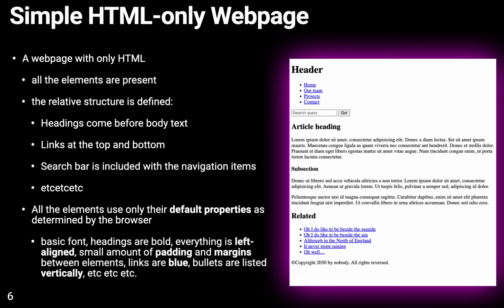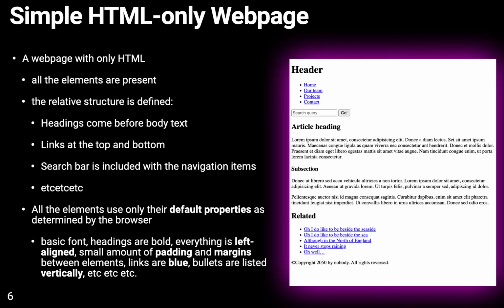So the browser will make decisions for you about what the HTML should be presenting. So it's a basic font, and headings are bold. Everything else is left aligned. There's a little bit of padding and margins between the elements, right? So like the paragraph is a little bit separate from the heading. Those are both properties of that element. Bullets are listed vertically, not sideways.